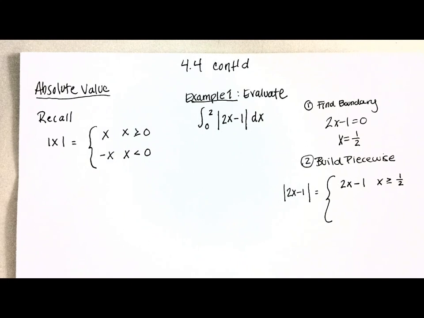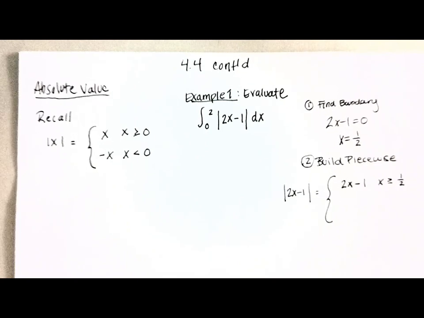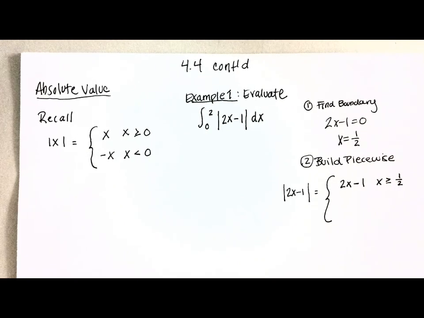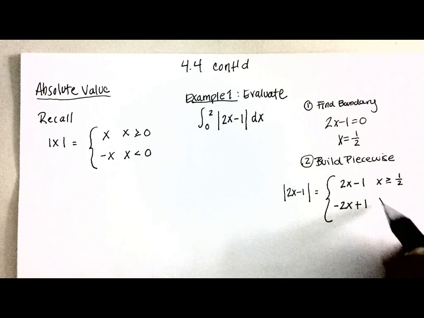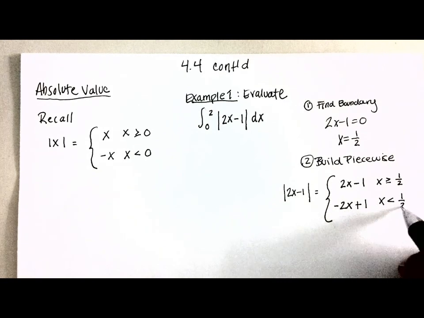I just replaced the 0 with the boundary point. Then I make the second part opposite: negative 2x plus 1, when x is less than half.